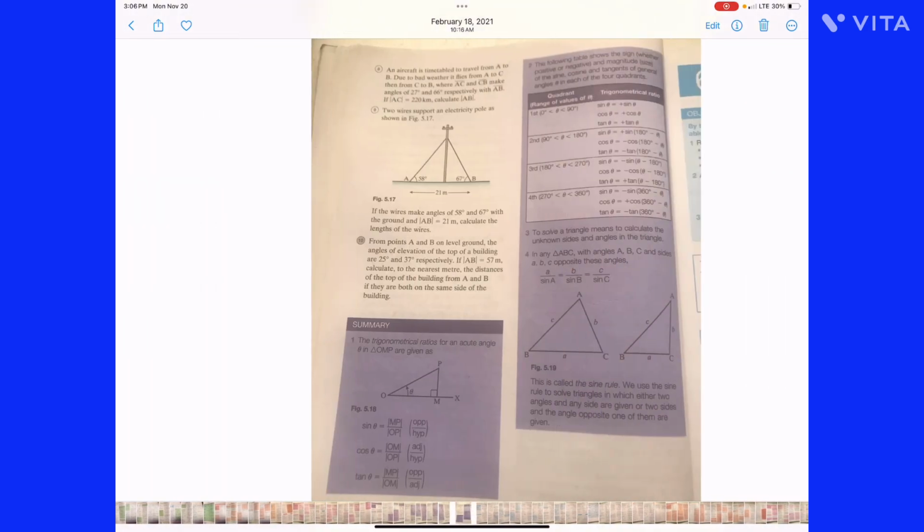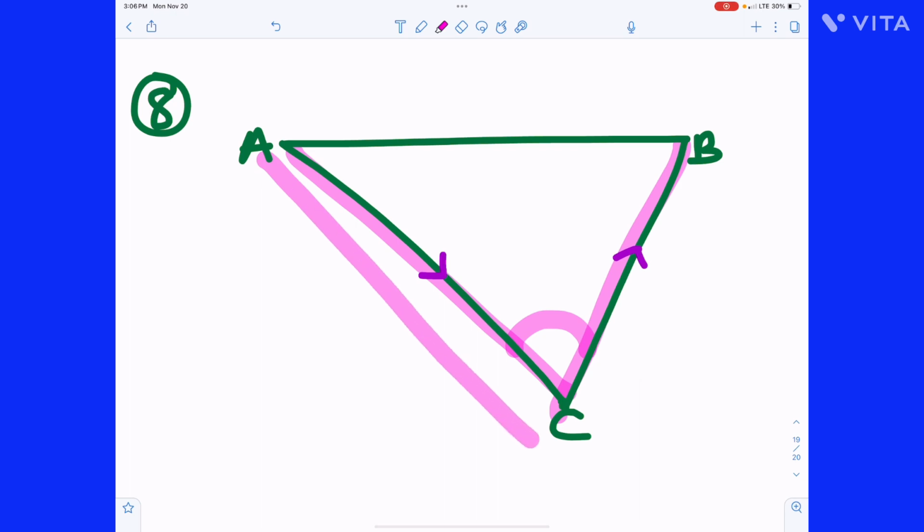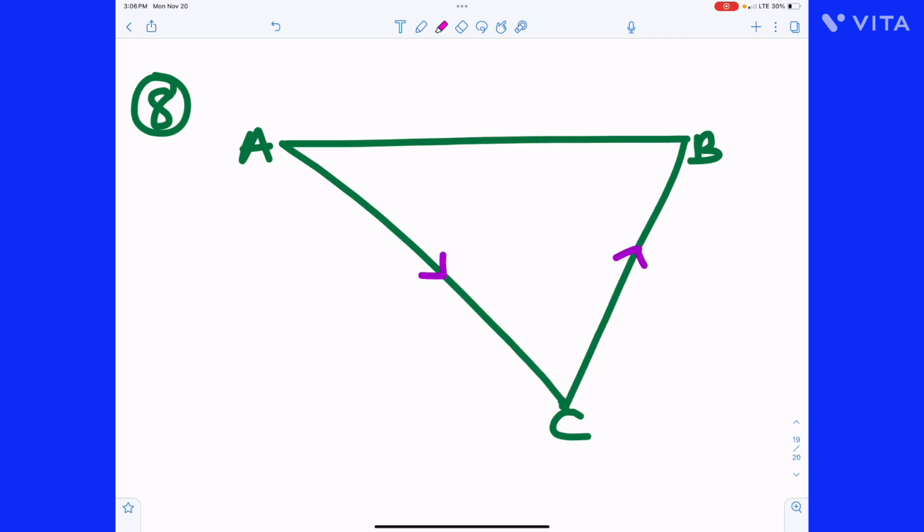Okay. This is AC and this is CB. They make angle 27 with each other. So that means this angle, we have been told, is 27 degrees.